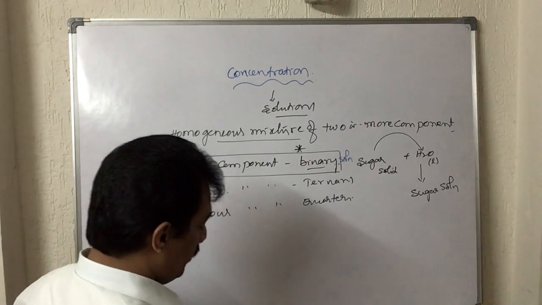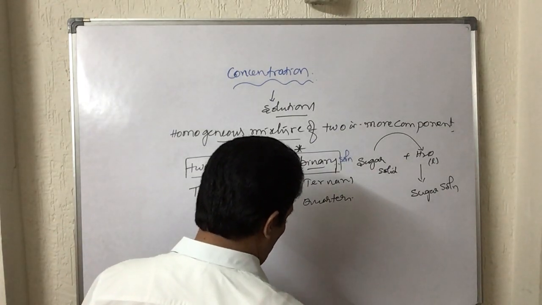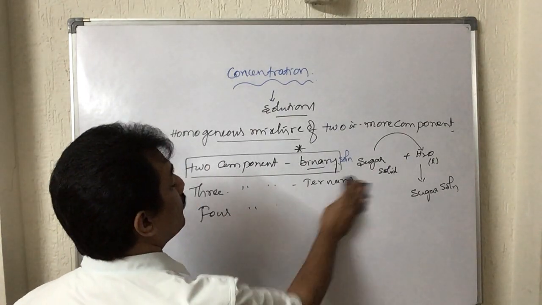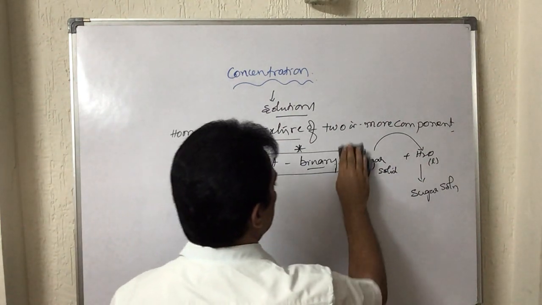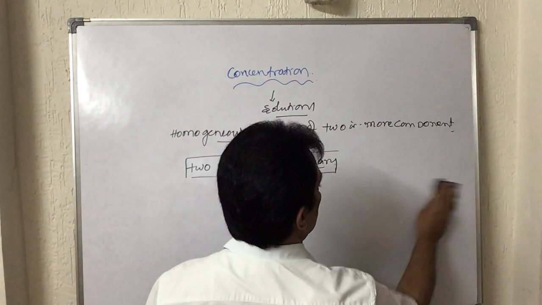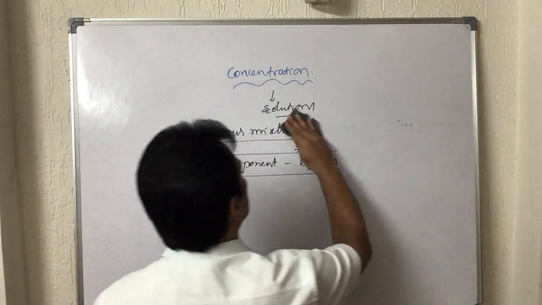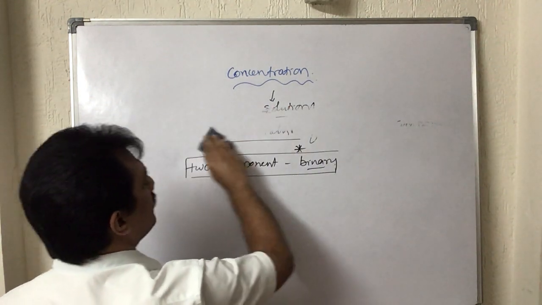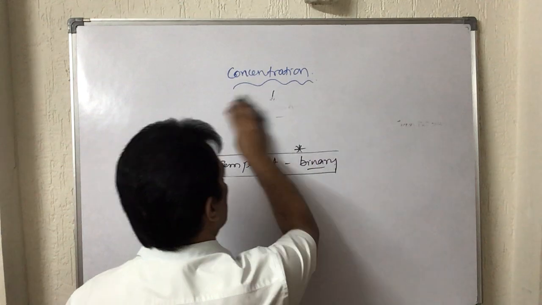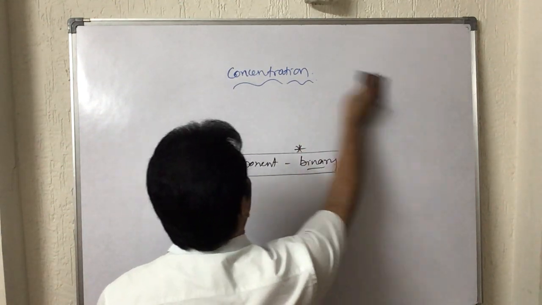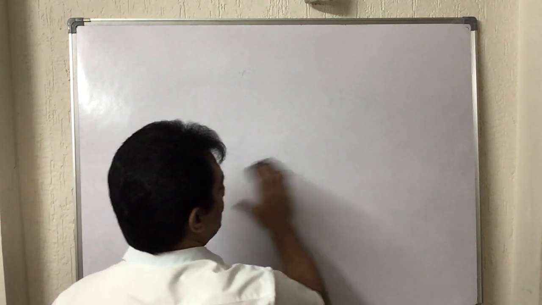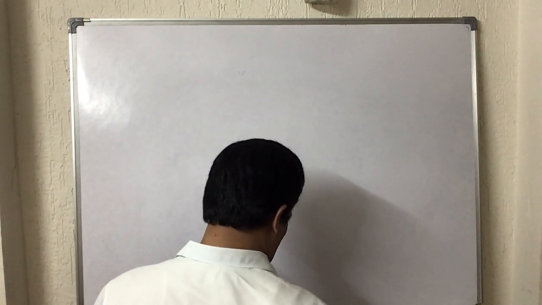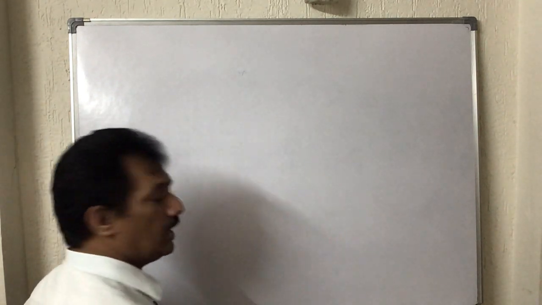Now we have to learn what the two components involved in a binary solution are. Immediately after learning this definition, our next question is what those two components present in this binary solution are. That is our next question to think about.